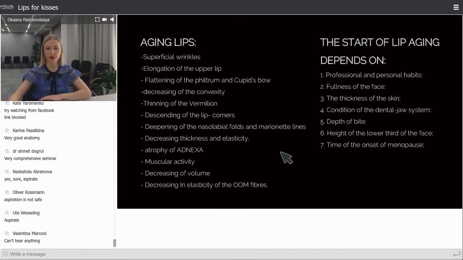And now, colleagues, also very interesting: the start of lip aging depends on professional and personal habits, of course, insolation, smoking, and also, recently I recognized that some face exercises which some of my patients do could also increase the chance of lip aging, because they make depressors more forceful.